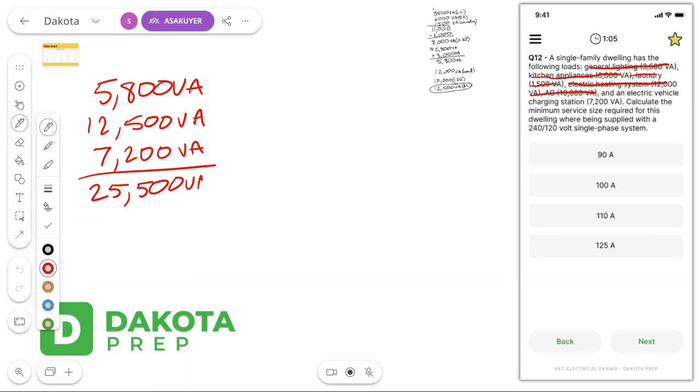25,500 volt amps. Now all that's left to do is decide how large of a breaker we need. How big does our overcurrent protection need to be? Well, we have to convert this from volt amps into current. We remember Ohm's law says that current equals power divided by voltage.